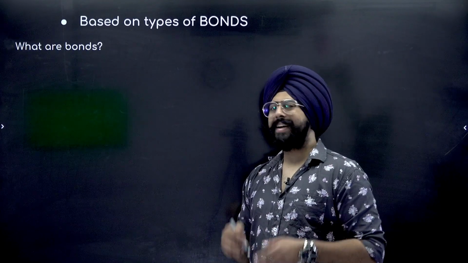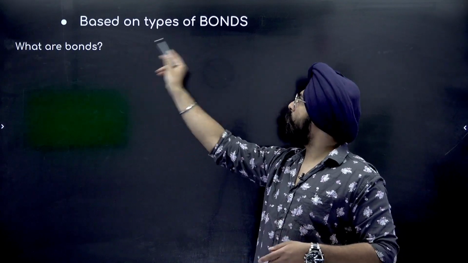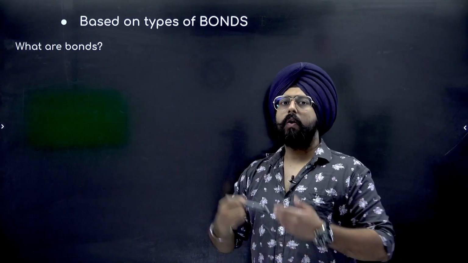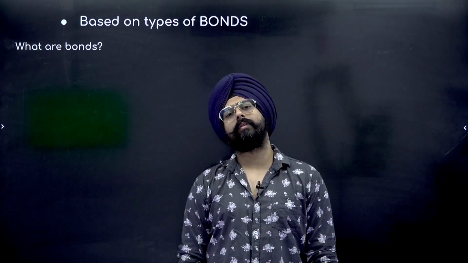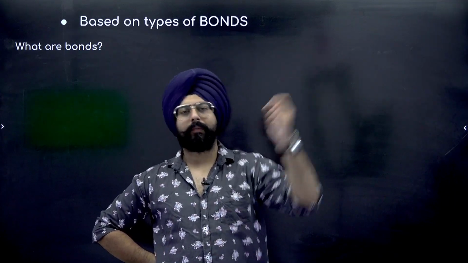Now, let's classify based on the types of bonds. What are bonds? First tell me, what are bonds? James Bond. So when it comes to bonds, let me take you back to the chapter of chemical bonding. Now you must be saying, sir, oh, ionic bonding, covalent bonding, metallic bonding. But what is a bond essentially?